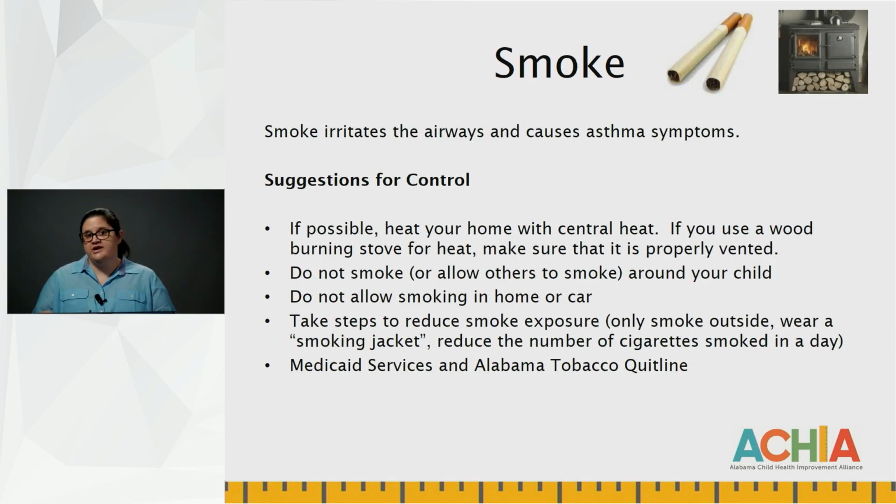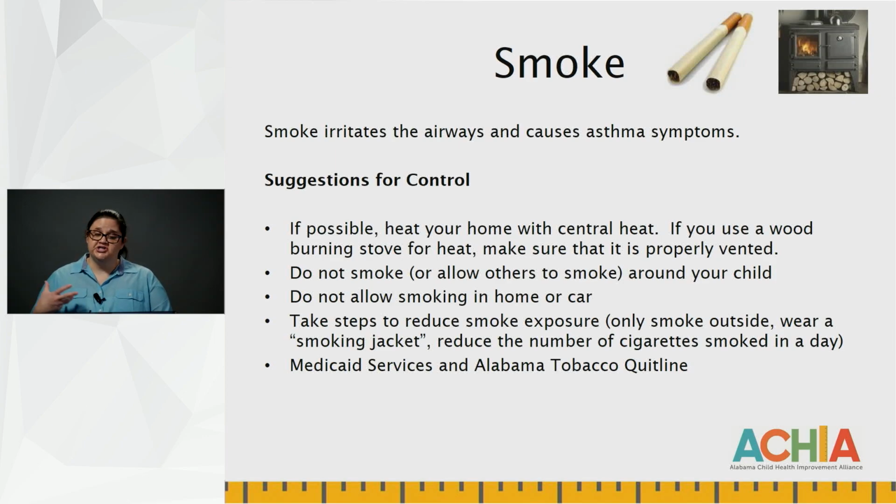When we're talking about cigarette or tobacco smoke, making a pledge not to smoke around your children, not to smoke in the house or in the car, can significantly reduce a child's smoke exposure. Wearing a smoking jacket or wrap can keep the smoke off of the parent or smoker's clothes, and that can be left outside once they're done smoking, which can reduce the smoke that's brought back to where the child is.